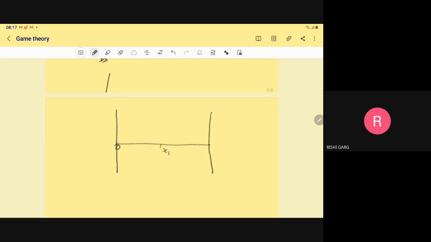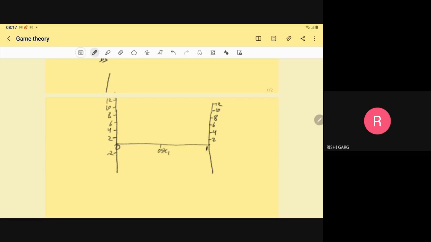Let it be 0, 0.5, and 1. The value of the game can be positive or negative, so we draw both axes: 2, 4, 6, 8, 10, and 12.